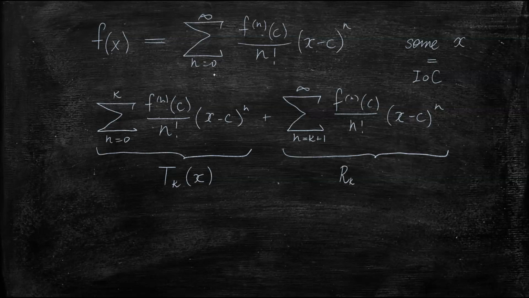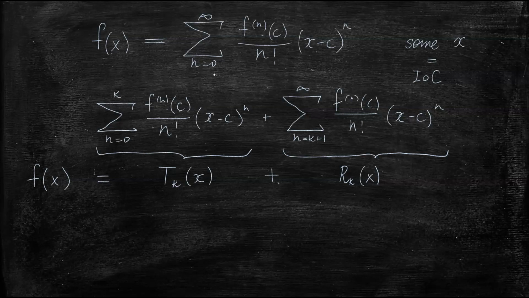We can also use the index k to identify this remainder, but the remainder actually has infinitely many terms. The idea is that the function is equal to the Taylor polynomial plus the remainder.